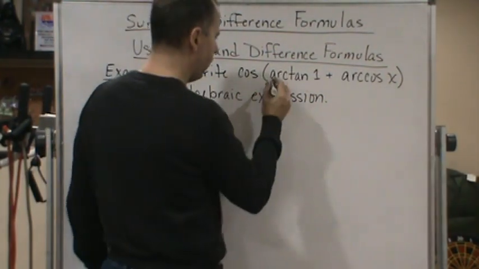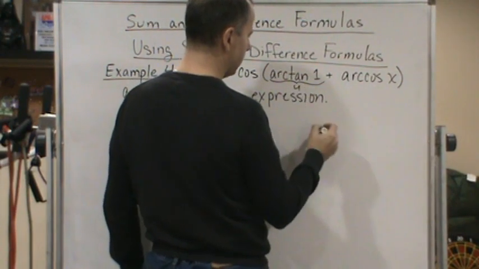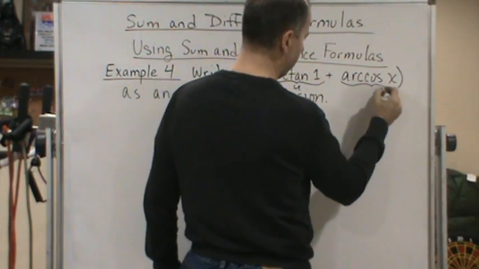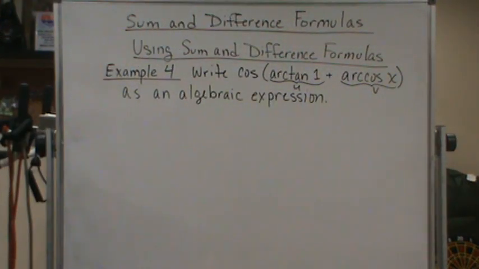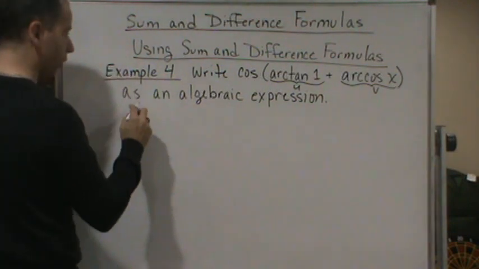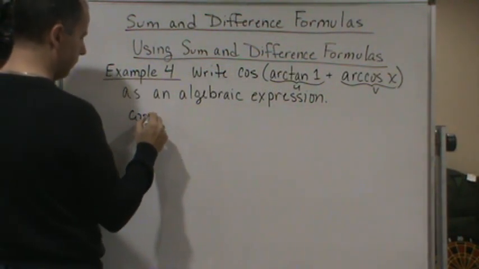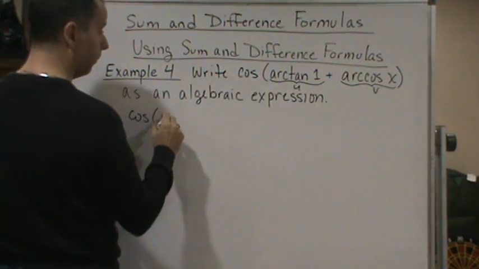So why don't I just give these variable names? So let's call that u, call that v. So now we know it's in the form of cosine of u plus v. So let's write out the identity for that, okay? And then see where it goes. So cosine, I'm going to write these in inverse form.